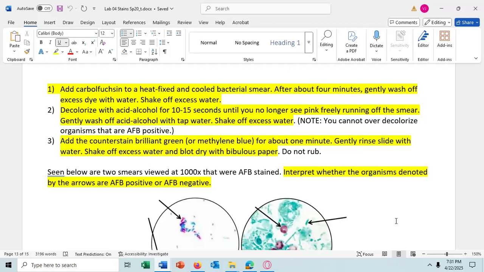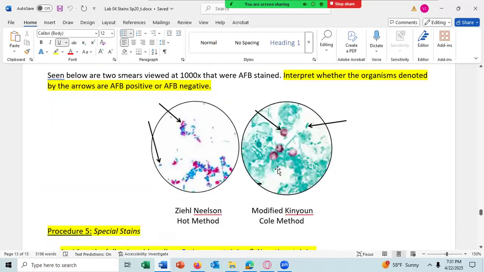And then interpret whether the organisms denoted by an arrow are acid-fast positive cells or acid-fast negative cells. So there's one arrow there, one here, and one there. So that cell there, is that acid-fast positive or acid-fast negative?